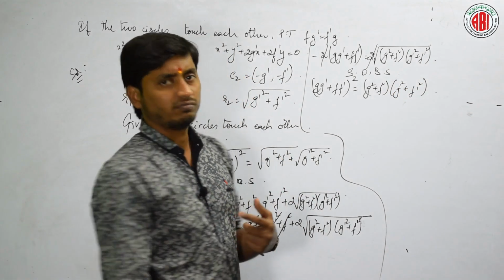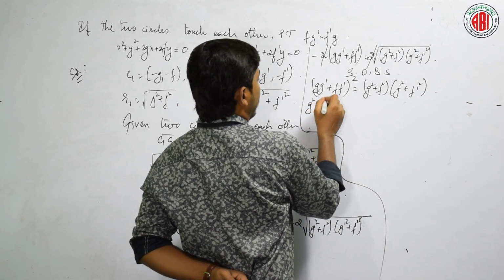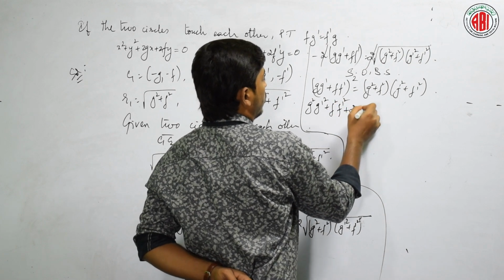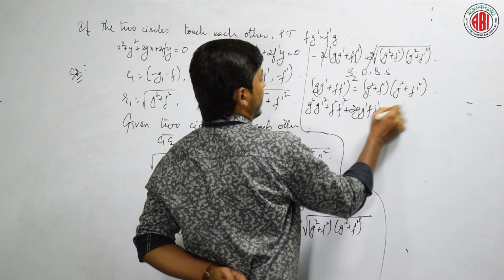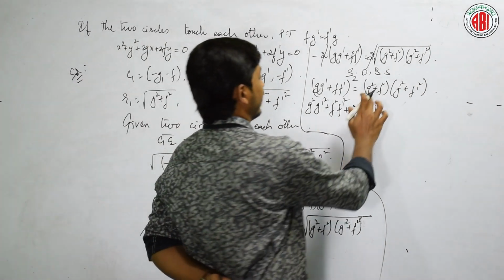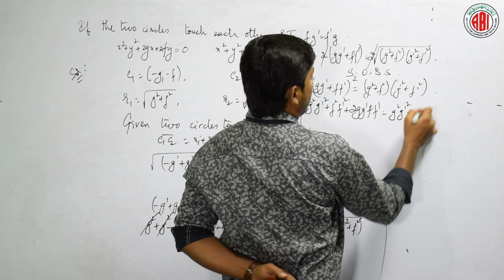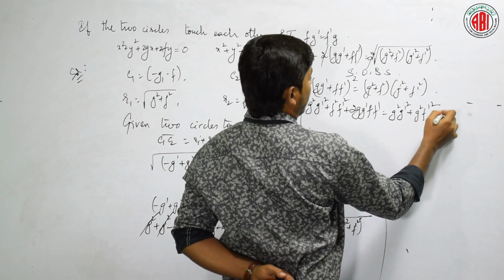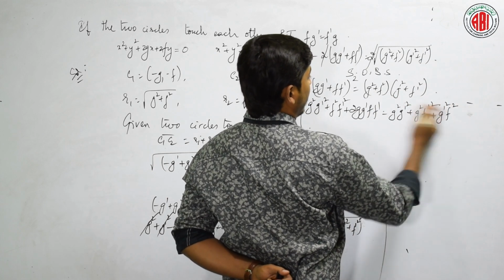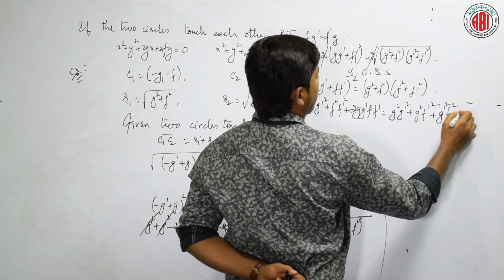Let us multiply. Clear? Here it will be g square g dash square plus f square f dash square plus 2gg dash ff dash. Do not get confused here. Okay. And the next, here multiply each and everything: g square g dash square, g square f dash square, and the next g dash square f square and plus f square f dash square.